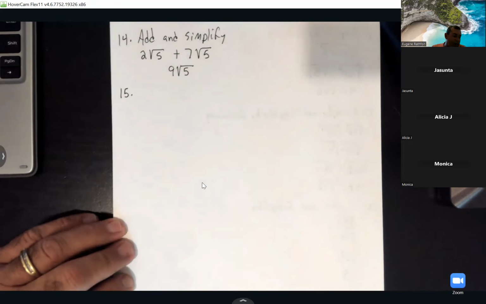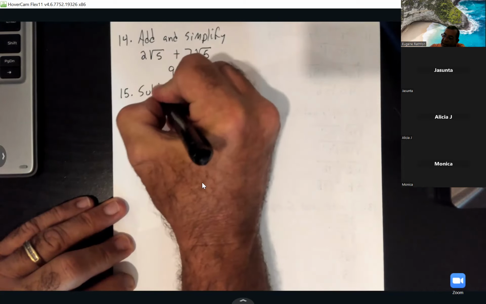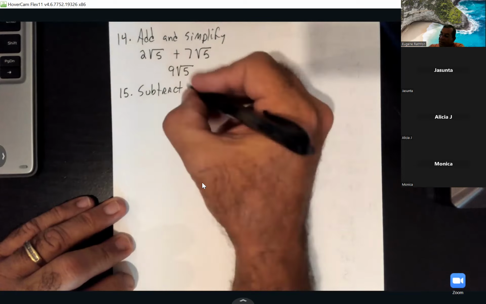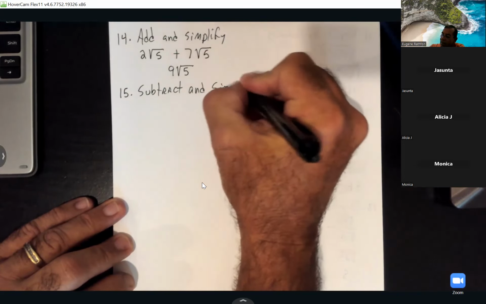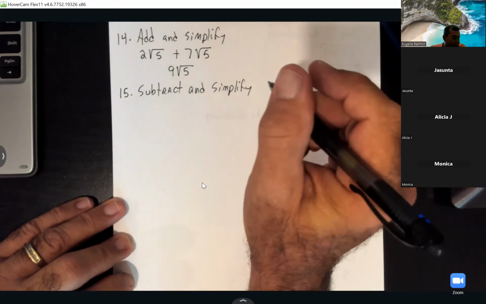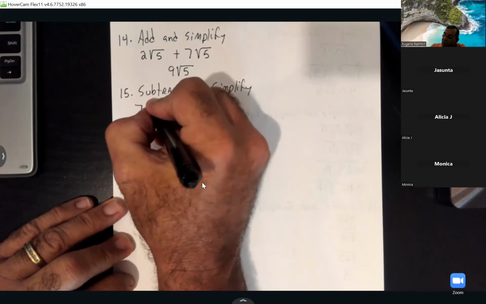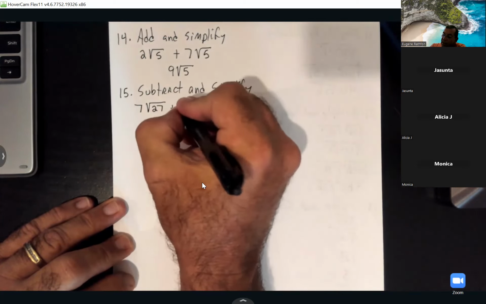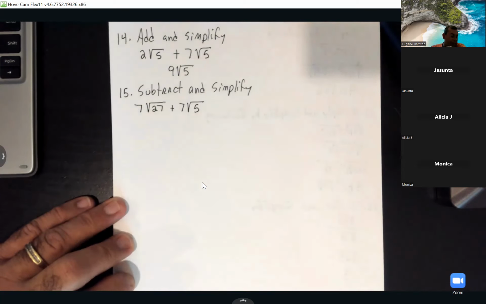Now let's do one a little more challenging, and be this one where we subtract. So we're going to subtract and simplify. So y'all, they're giving me a 7 square root of 27 plus a 7 square root of 5.